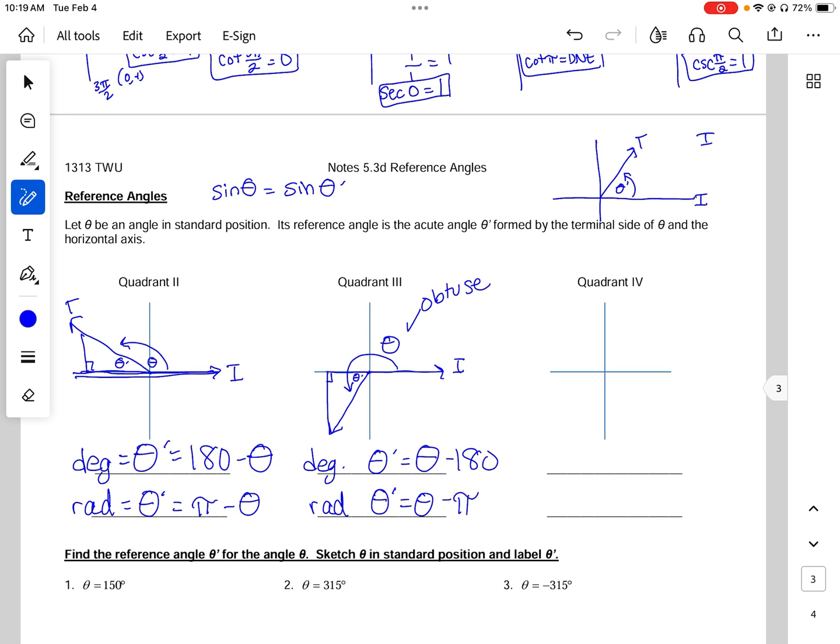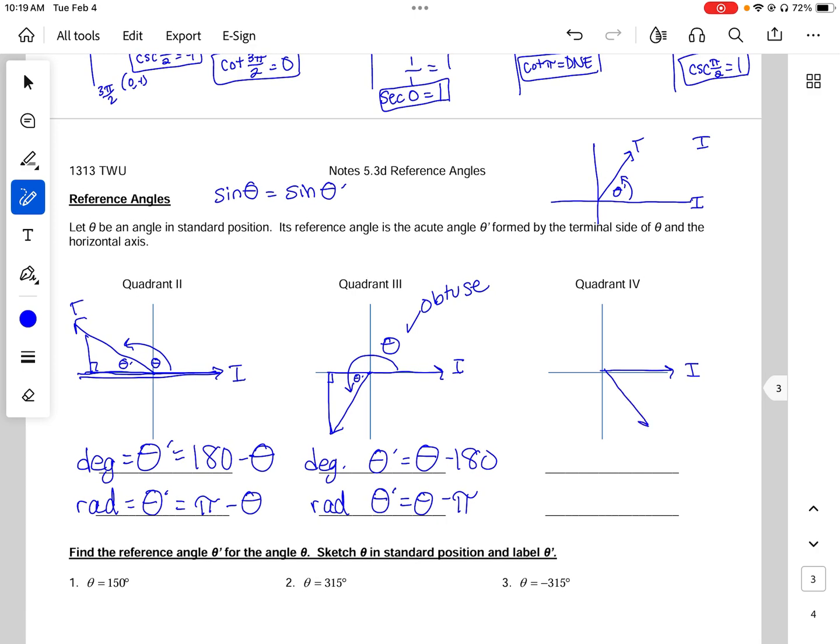Okay, then in quadrant 4, this is still our initial side, so this time it goes to here. So this whole angle right here is our theta. We want to find the reference angle, so I'm going to go ahead and draw my right triangle. This is theta prime. The whole circle is 360, so it's going to be 360 minus theta.